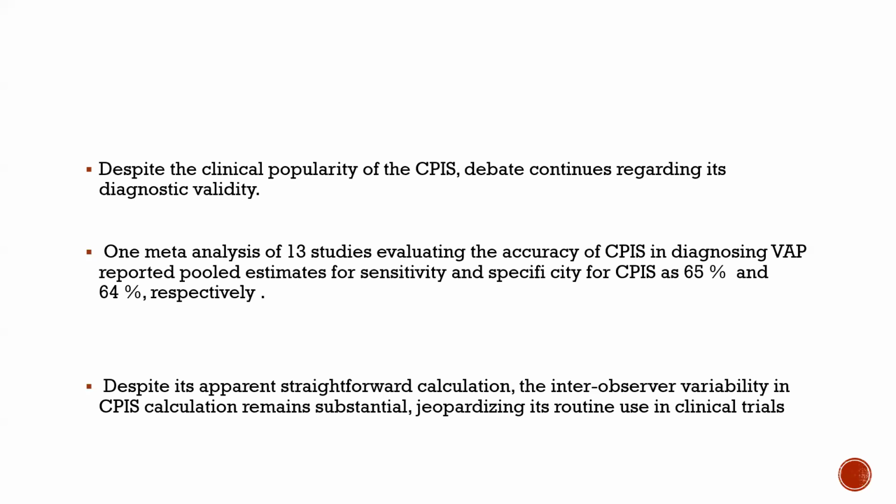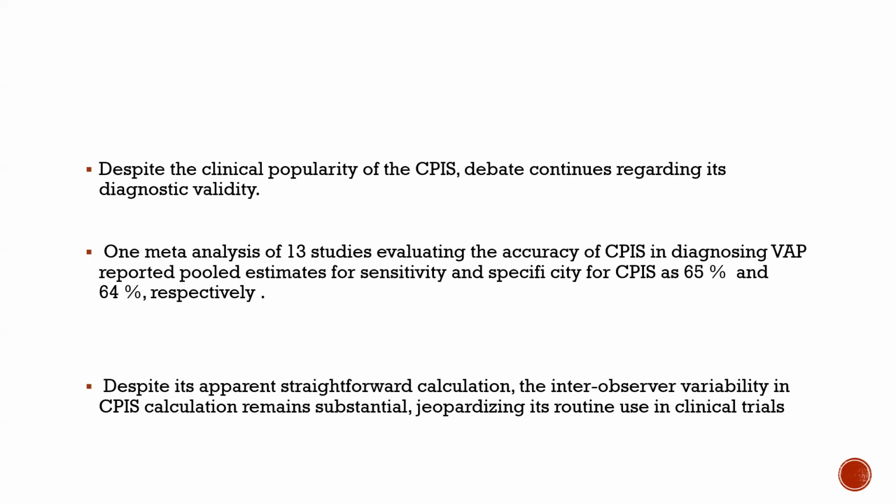Despite the clinical popularity of CPIS, debate continues regarding its diagnostic validity. One meta-analysis of 13 studies evaluating the accuracy of CPIS in diagnosing VAP reported pooled estimates of sensitivity and specificity for CPIS at 65% and 62%.